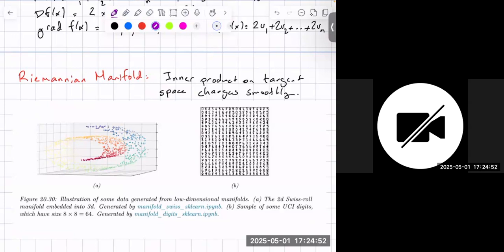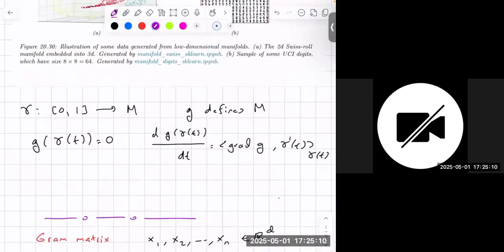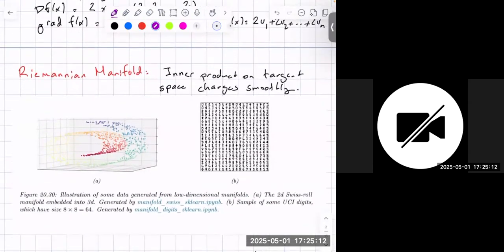And if you get a data point from this collection, if this is your training data, and it is not lying on that Swiss roll, I can just still assume it's on the Swiss roll, project it down, and not get so much error out of it. All right, so now I'll tell you, one by one, techniques to come up with these kinds of manifolds to fit your data.